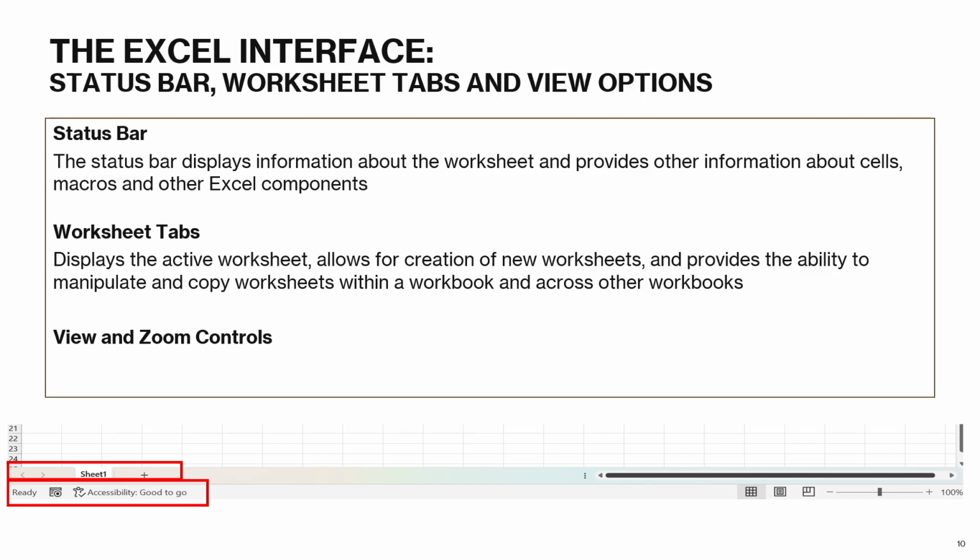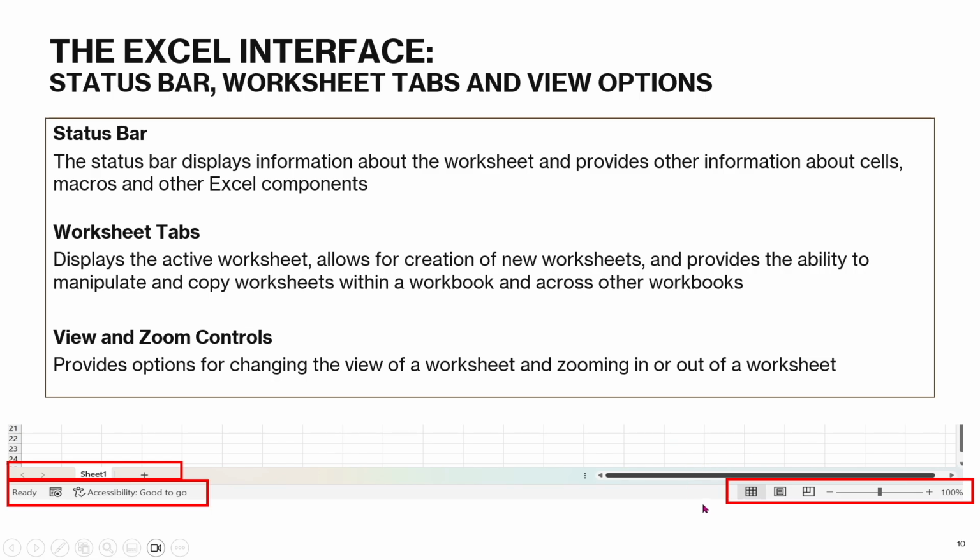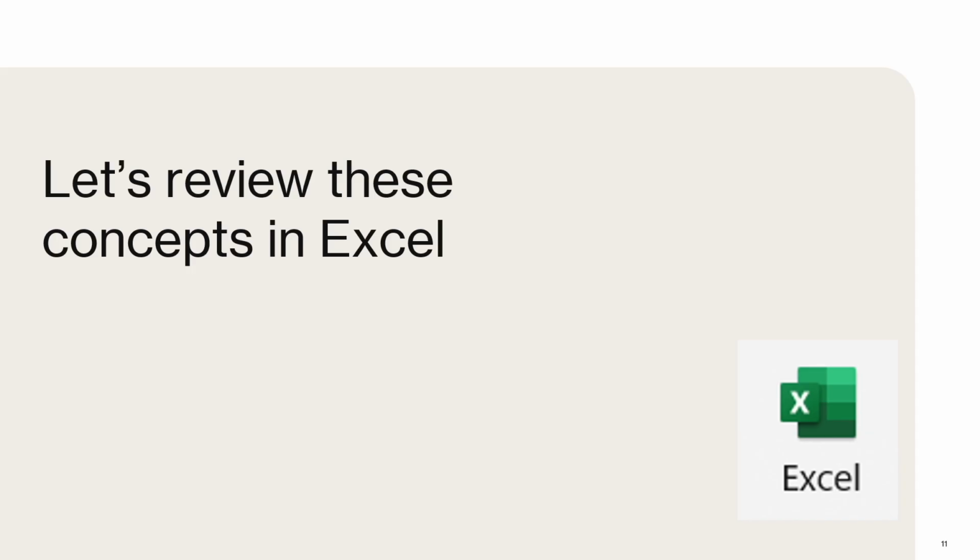There's also an option if you right click on the tab, then you have a menu that comes up where you can make some additional changes and updates to the worksheet tab. On the right-hand side, you have your view and zoom controls. These provide different options for changing the view of a worksheet and zooming in or out of a worksheet. And we're going to take a look at all of that now by going over into Excel.